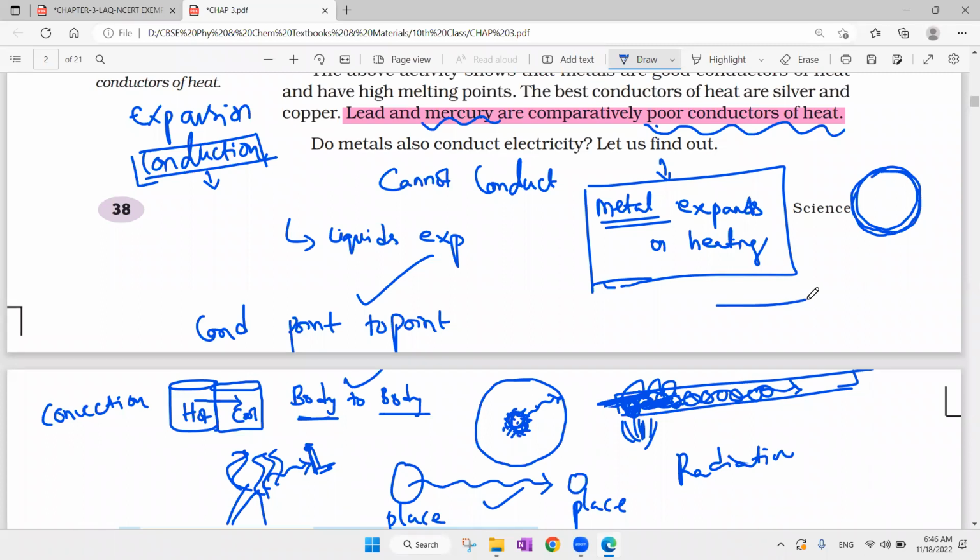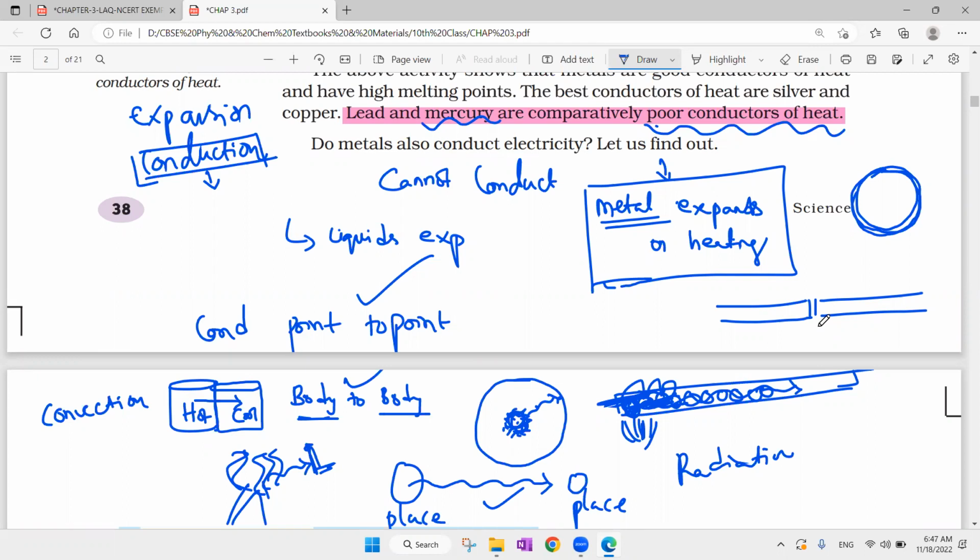So why will there be gaps between railway tracks? Did you get this question in your CBSE textbook, NCERT? In 8th class, 7th class, I guess. Why will there be small gaps between railway tracks? Because sunlight falls on the railway track, which is made up of iron, there will be uneven expansion.